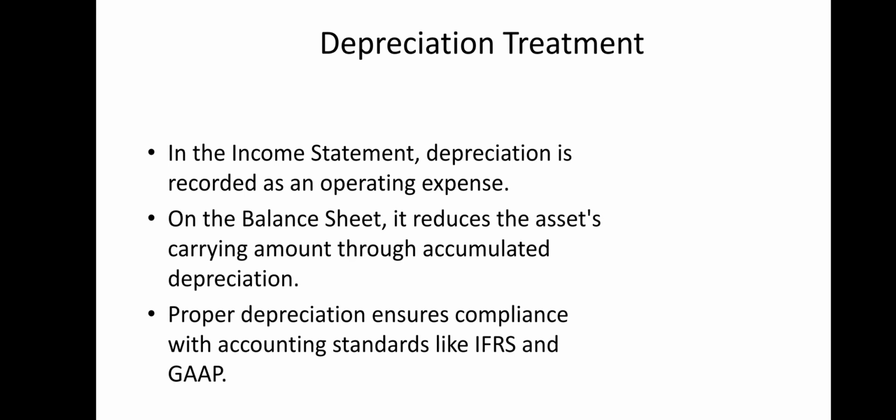Depreciation basically goes in both the income statement and the balance sheet. In the balance sheet, it reduces the asset book value through an account called accumulated depreciation. This accumulated amount grows each year and reflects the total depreciation charged to date.